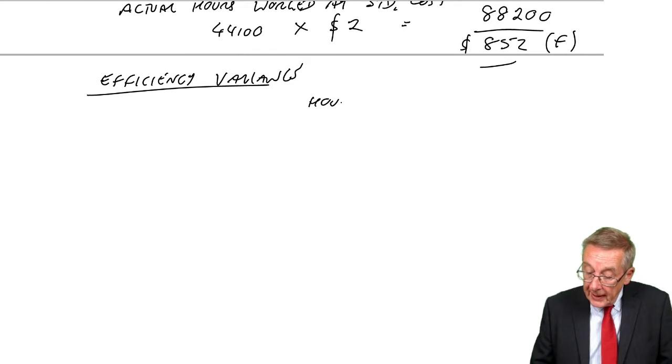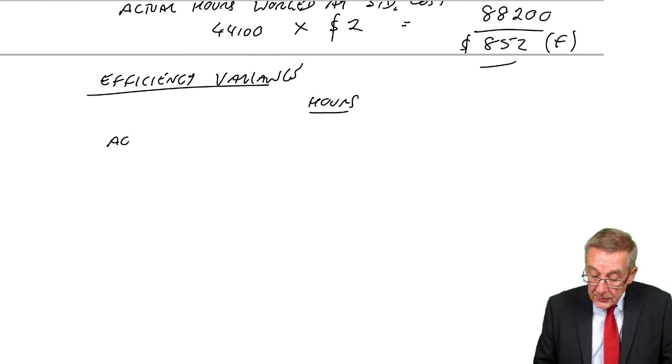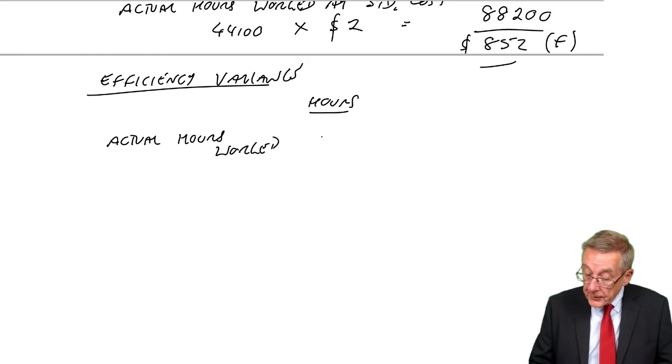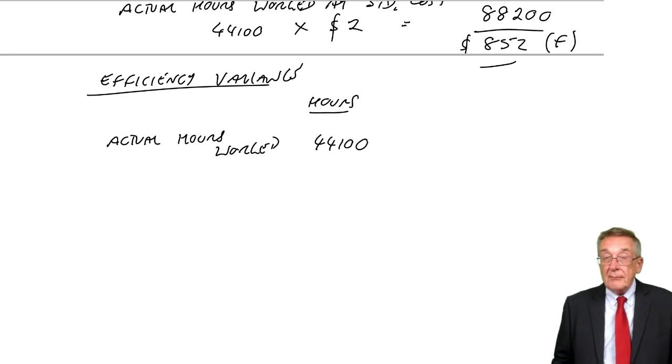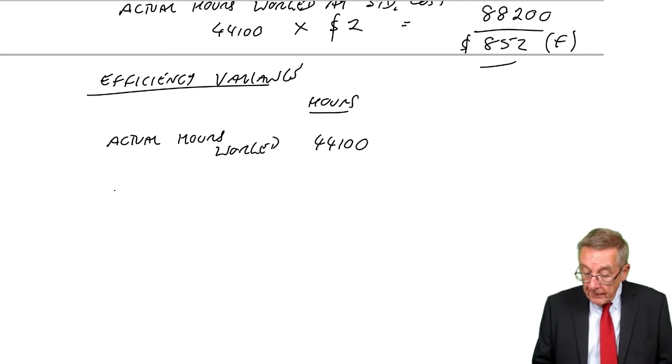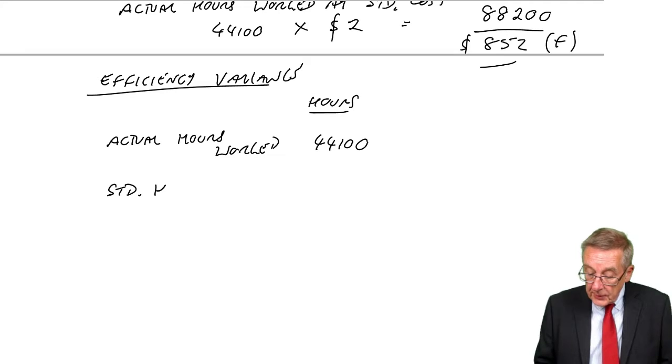To check, we compare the actual hours worked. They actually worked 44,100 hours. Compare it with the hours we should have worked, the standard hours for the actual production.